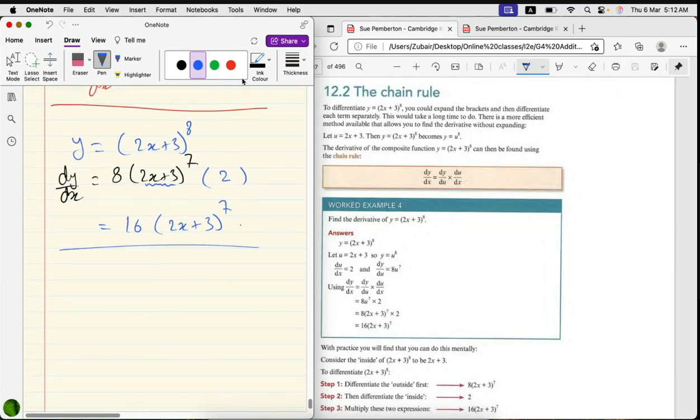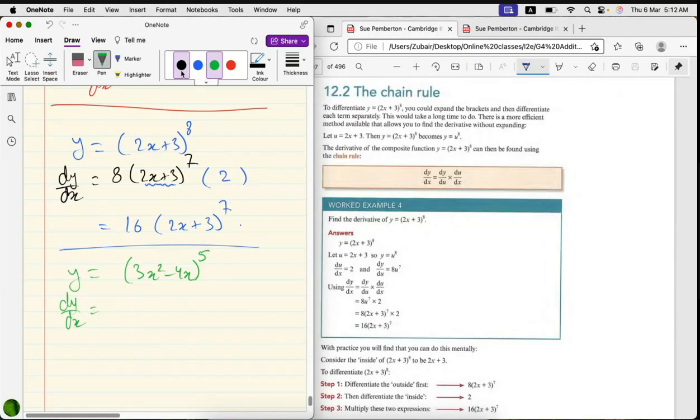Another example, y is equal to (3x^2 minus 4x) to the power 15. That's too large. I am not willing to use a calculator. Let's say this is 5. Now dy by dx.